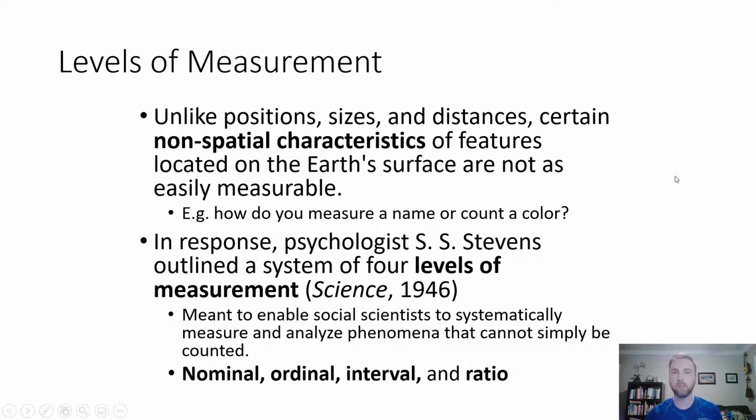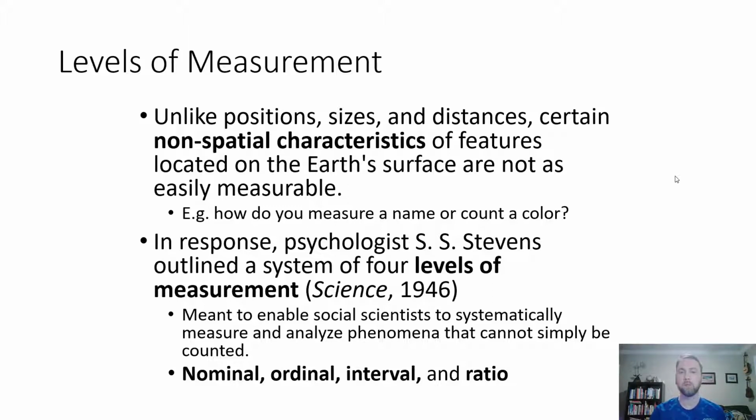So unlike positions, sizes, and distances, certain non-spatial characteristics of features located on the Earth's surface are not always easily measurable. So for example, how do you measure a name or count a color, right? So in response to this scenario, where you might need to measure non-quantitative features, a psychologist named S.S. Stevens outlined a system of 4 levels of measurement in 1946.